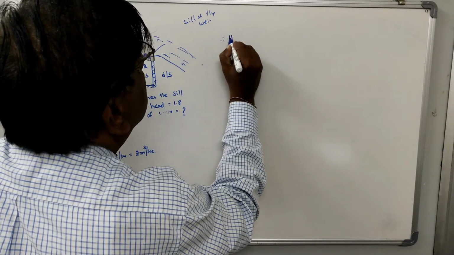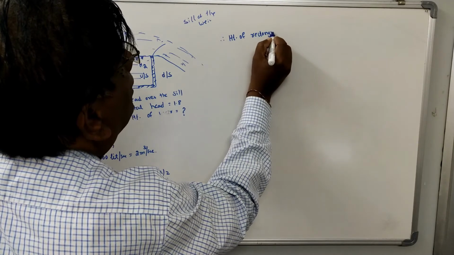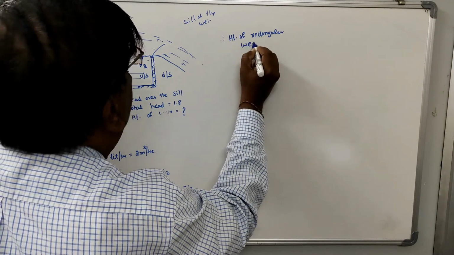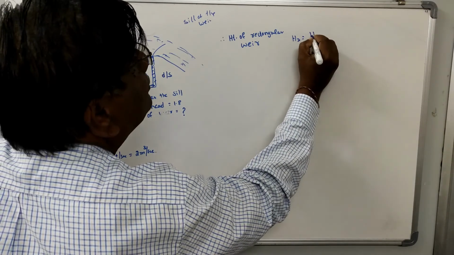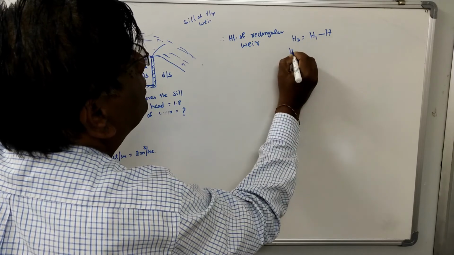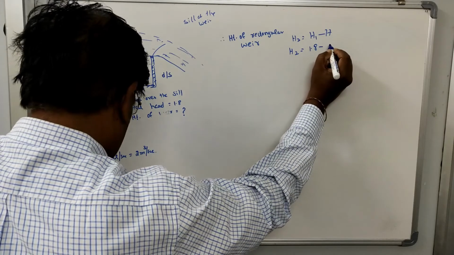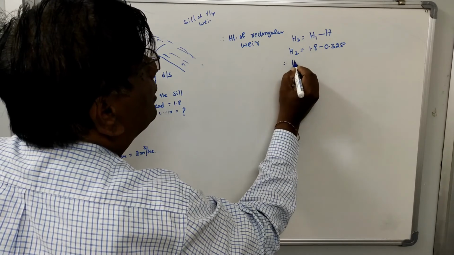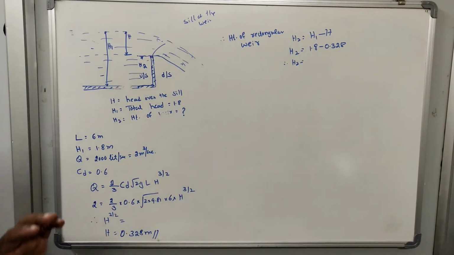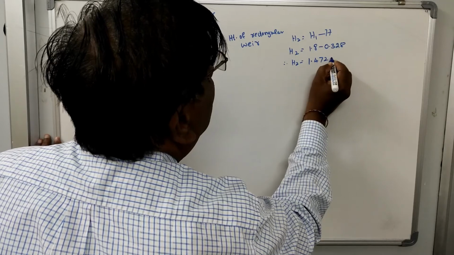Therefore, the height of the rectangular weir, H2, is equal to H1 minus H. H2 is 1.8 meter minus 0.328, which simplifies to 1.472 meter.